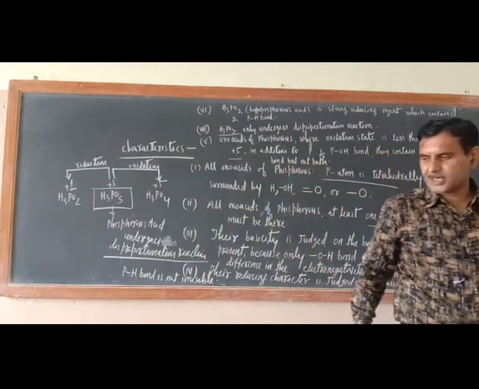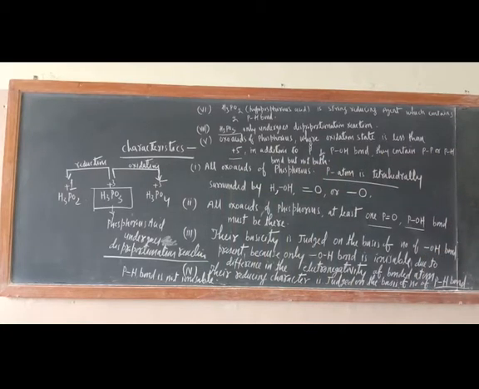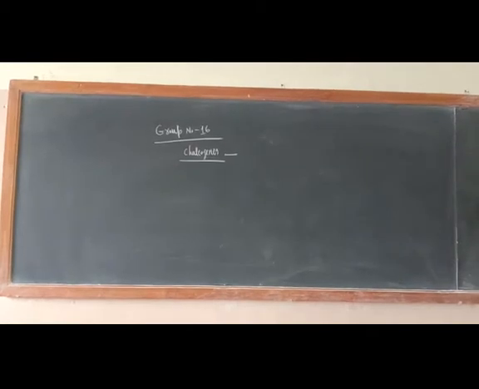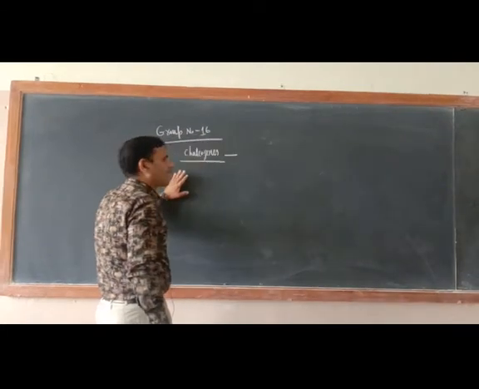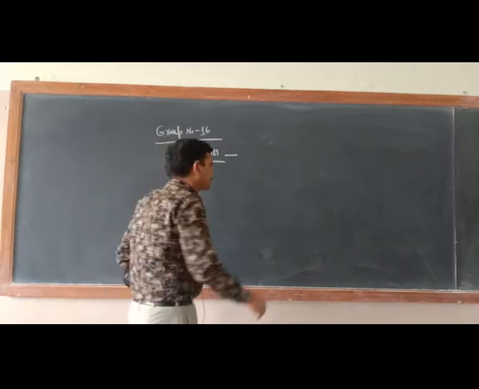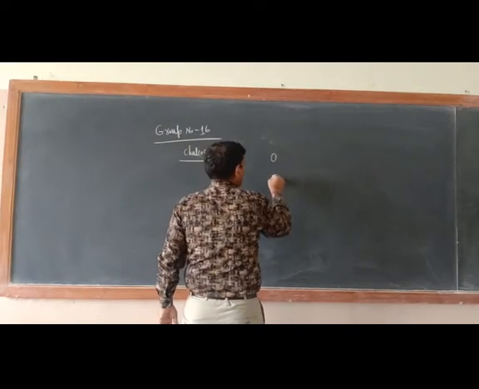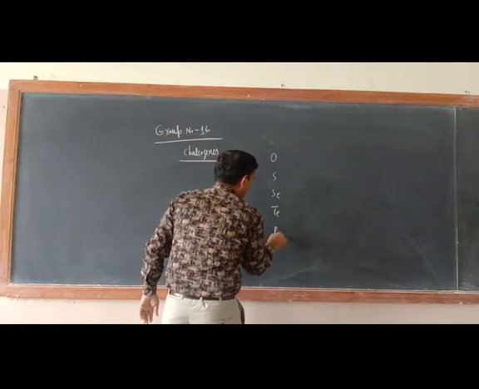Now what is the next number? Group number 16. So dear cadets, now group number 16. This group number 16 is also known as chalcogenes. We'll tell you why they are known as chalcogenes. First see the members: oxygen, sulfur, selenium, tellurium and polonium.